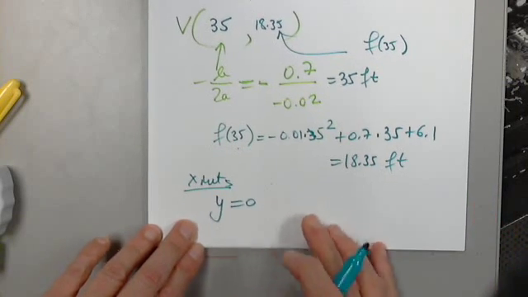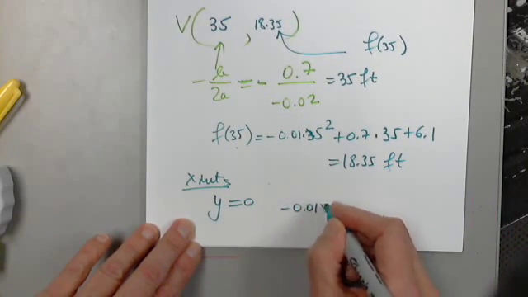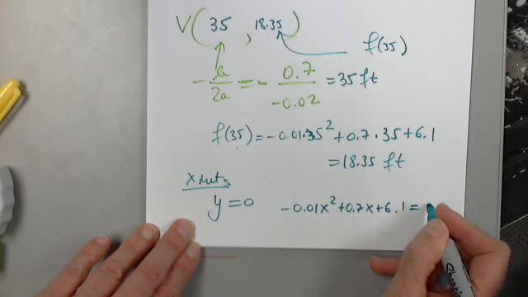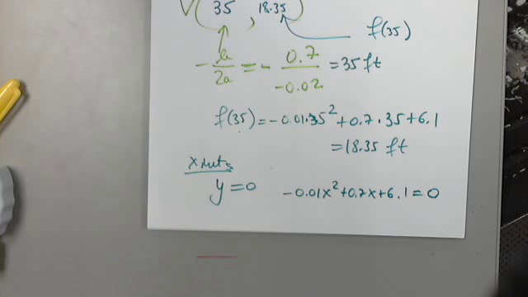First, I have to write the equation. Negative 0.01 x squared plus 0.7 x plus 6.1 equals 0. I have to see it, because if I don't, I may make a mistake in identifying the coefficients. And I know you know what I'm going to do next. It's a habit. I think it's a good habit, and you don't have to acquire it if you don't want to. What do you think I'm going to do?